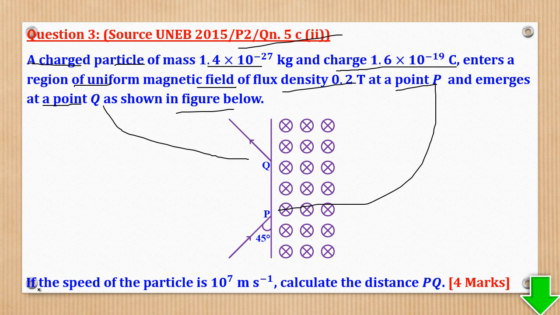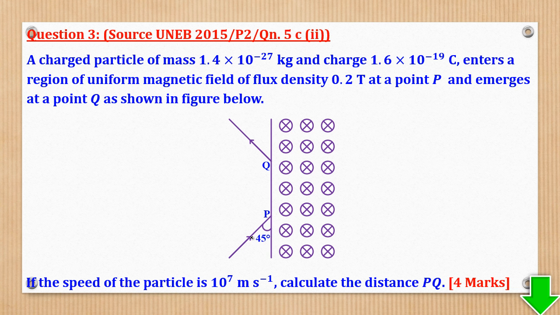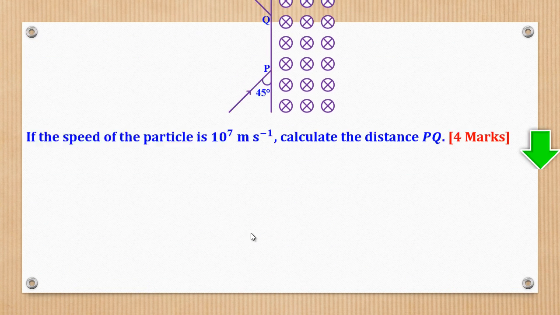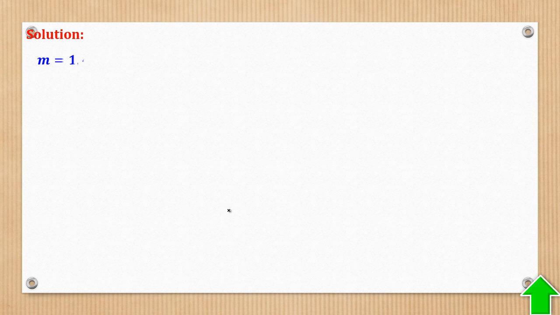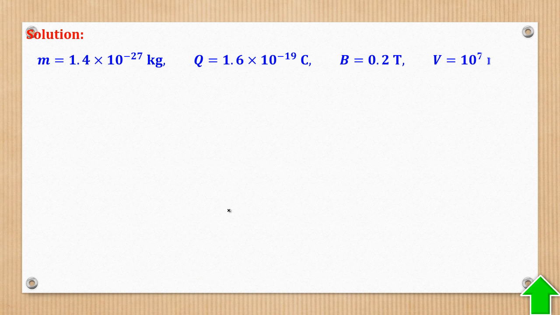If the speed of the particle is this, calculate the distance PQ. So that is what we know.